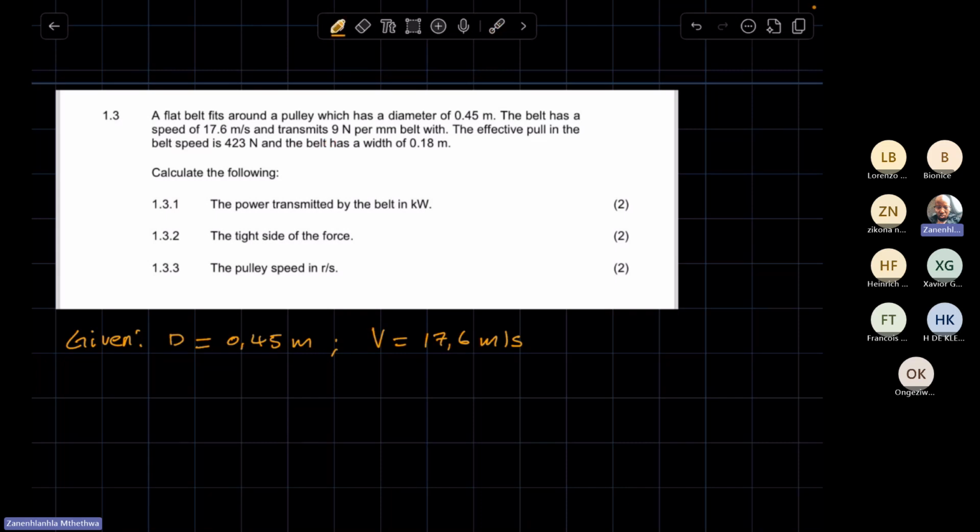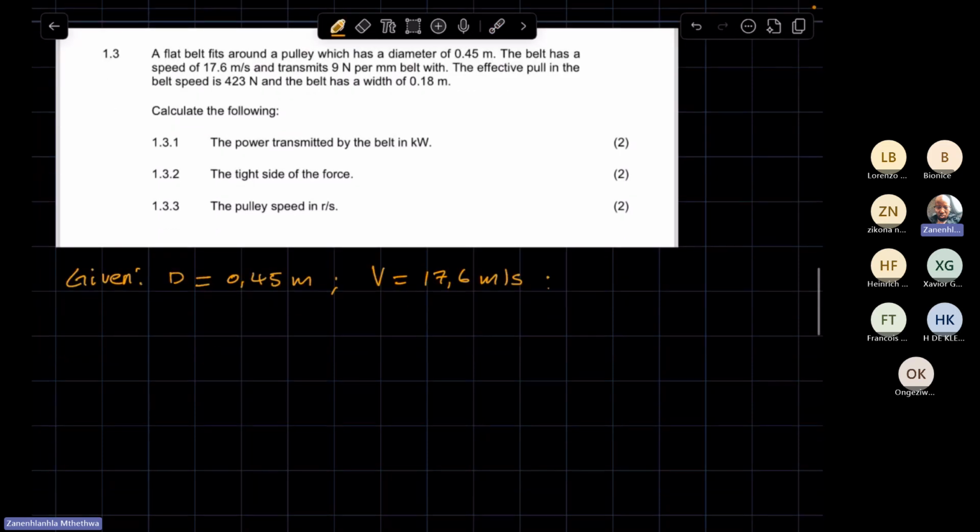Now, if they've given you a tension, and the way they've given you the tension is in terms of the tension per millimeter of belt width, you can take that tension as T1.